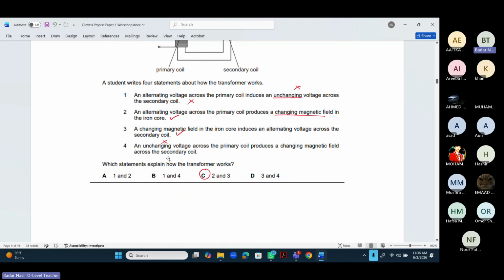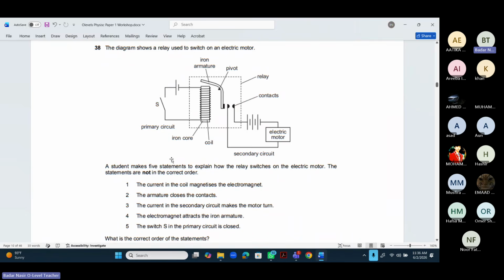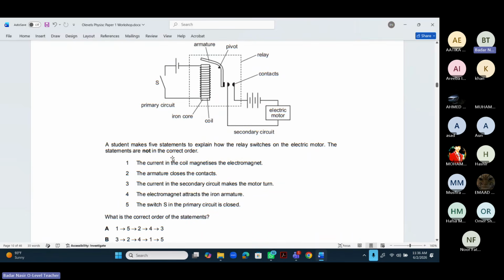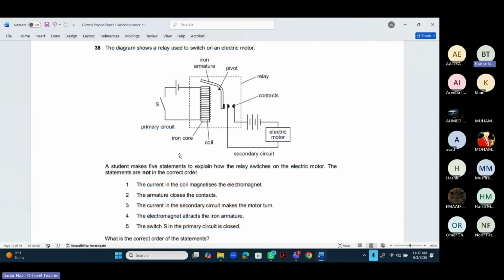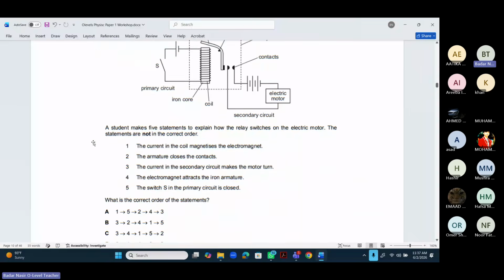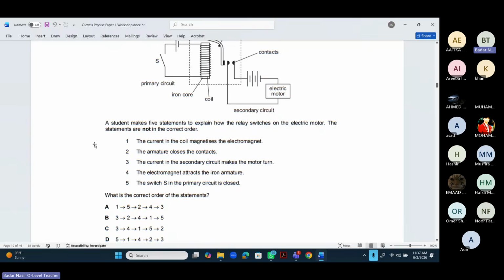Okay. Now next, the diagram shows a relay used to switch an electric motor. A student makes 5 statements to explain how the relay switches on the electric motor. The statements are not in the correct order. So what is the correct order of the statements?